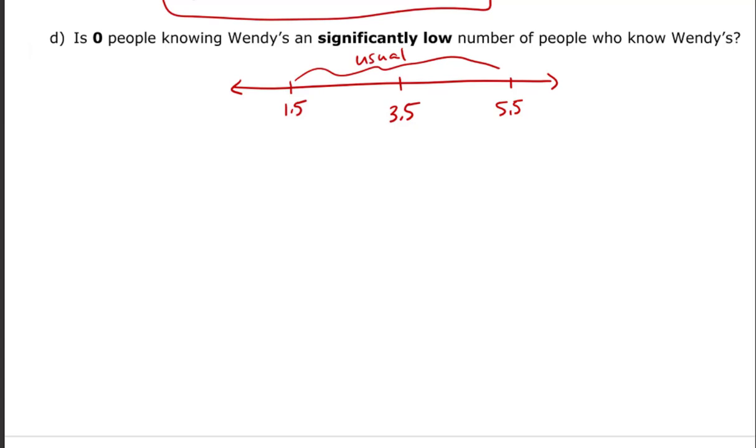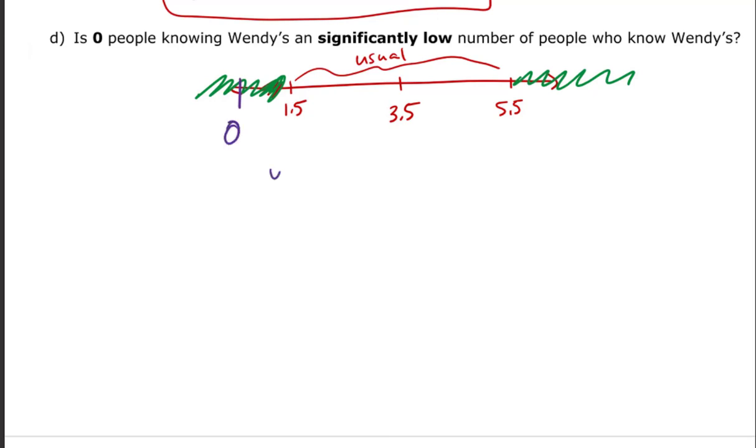And then significant amounts of people knowing Wendy's would be in this range and this range over here. So you don't want to go in those ranges. And I will say 0 people knowing about Wendy's is in this range over here. 0 people would be on the far left.